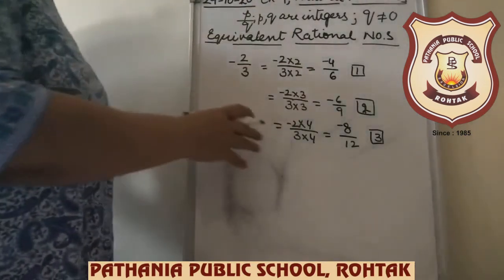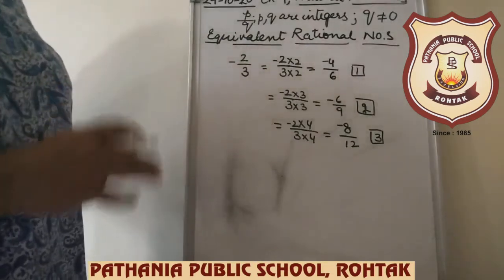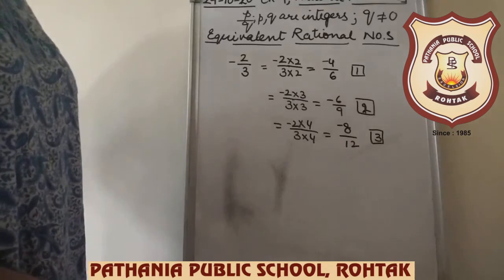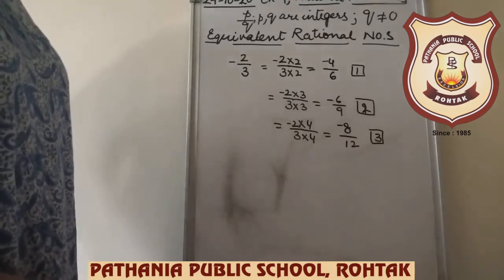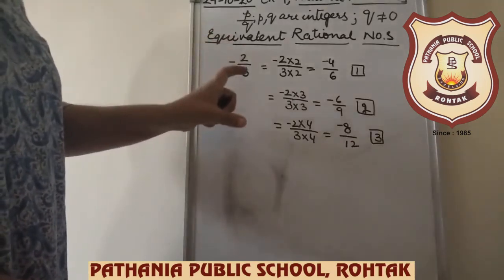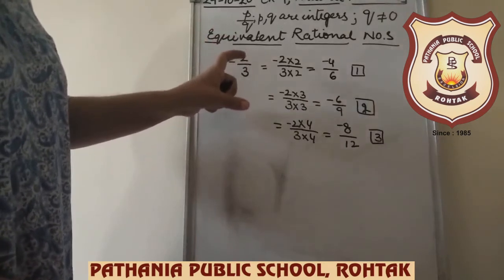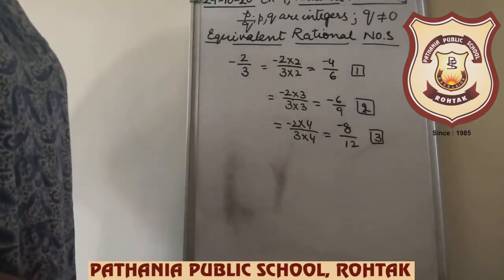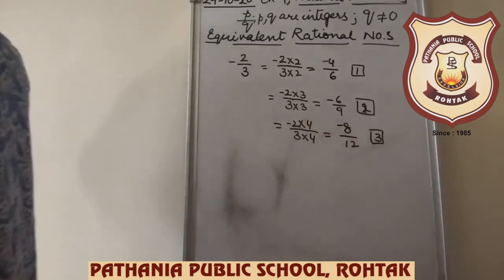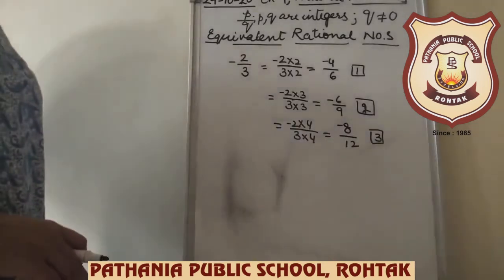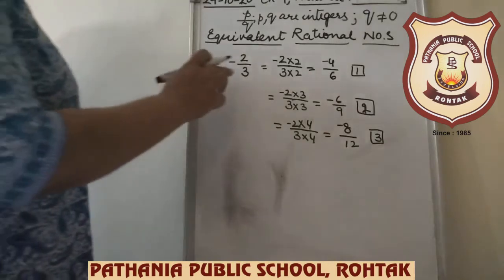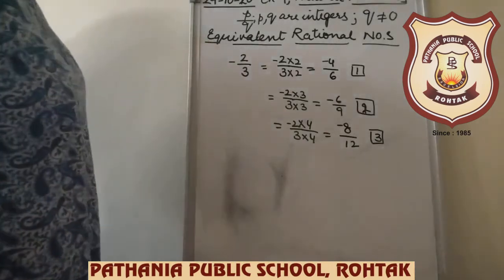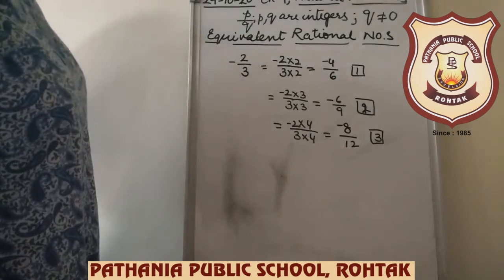You must have done in your fractions also in class 6 how to write. Okay. So in this manner, you are going to write the equivalent rational numbers. And here, when you are writing it, the denominator, you are going to make it positive.